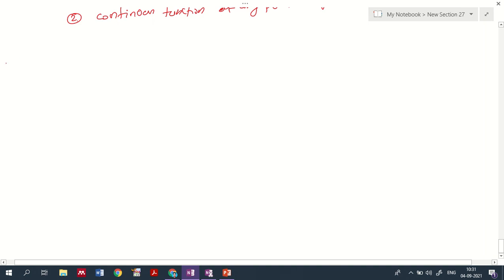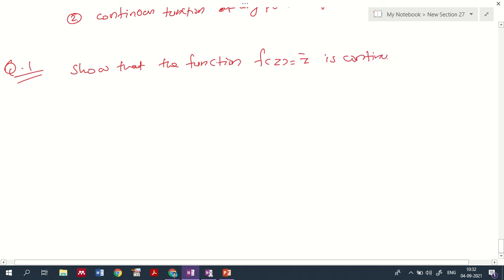This is question number 1 for this section: show that the function f of z is equal to z bar is continuous at z is equal to 0, but not differentiable at z is equal to 0.